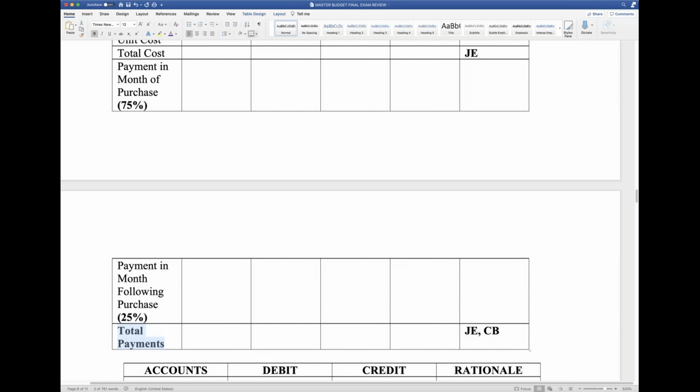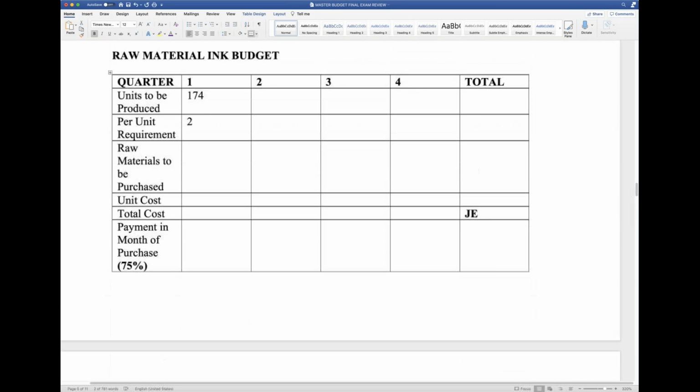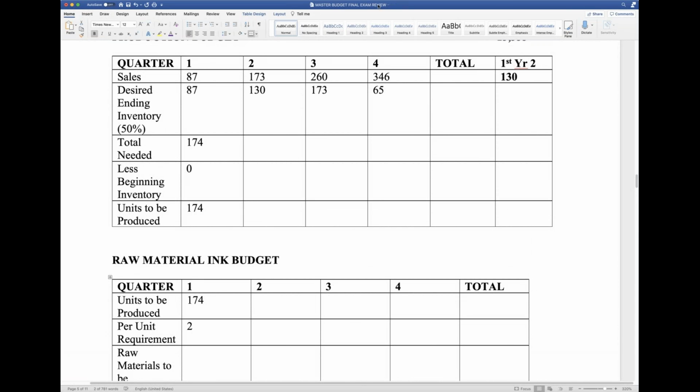Right. And then in the assumptions again from raw material, I think it said 2 ink cartridges at $10. Yeah, the unit cost. So bring the 10 down and do 348 times 10.